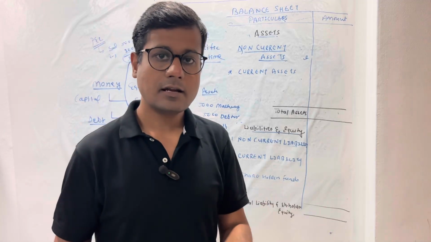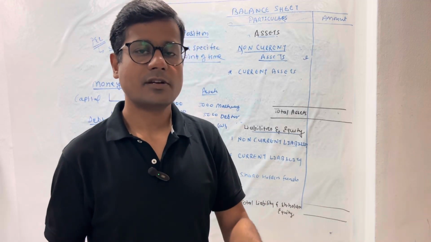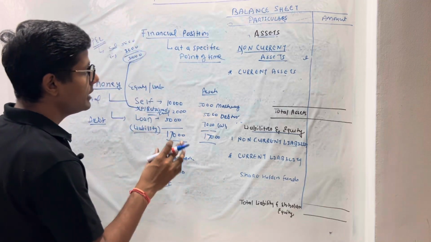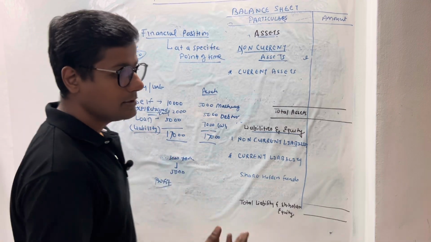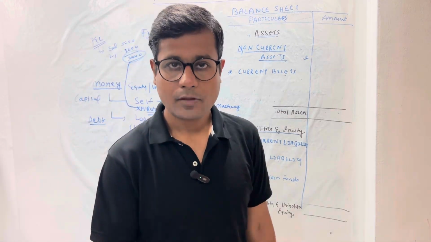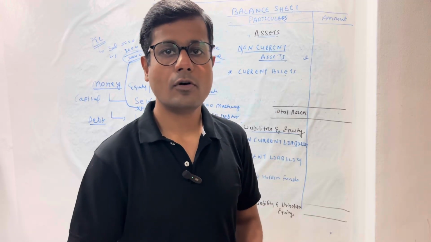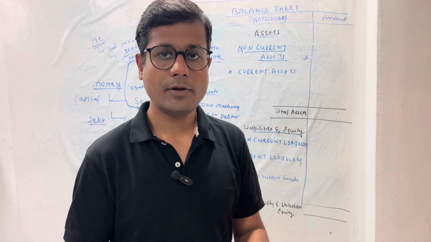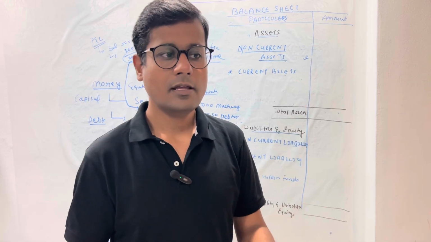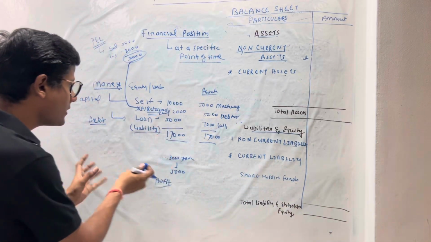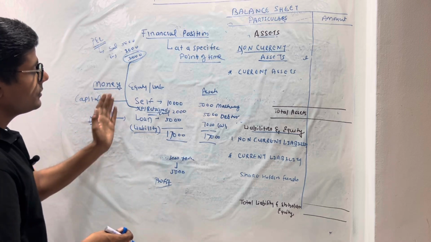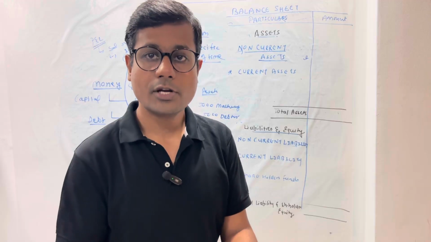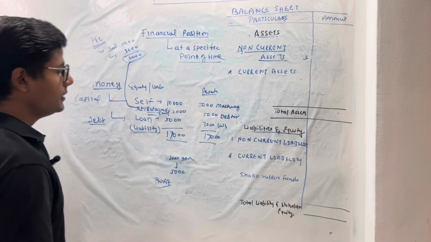Liabilities are something which you have to pay, which will result in an outflow of funds from the business. Equity is basically the capital, the funds invested. Since we have taken an example of an individual business, one person has invested money. In the case of a company, many people invest the money; those are the shareholders, right?